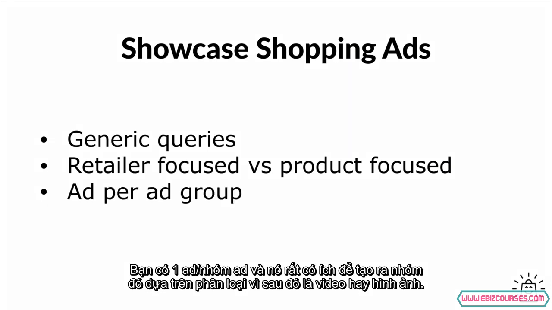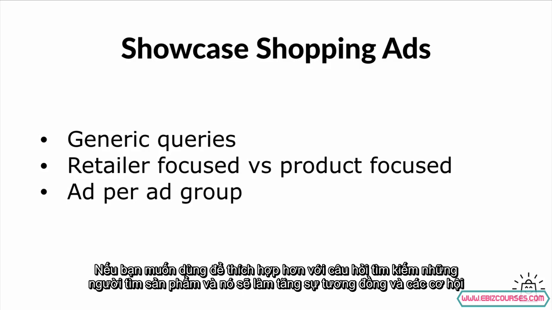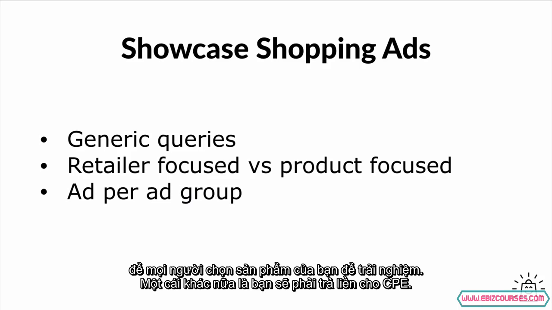You have one ad per ad group, and it's often helpful to actually create that ad group based on a category, because then the header image or the video, if you want to use it, will match a lot better with the search query that people are looking for.